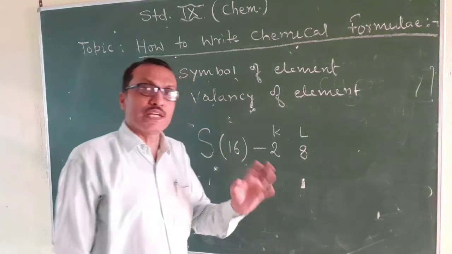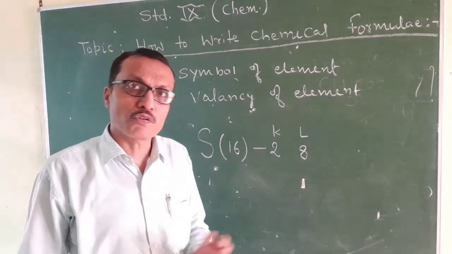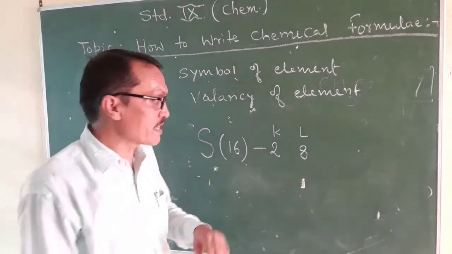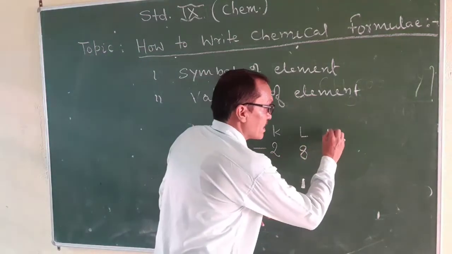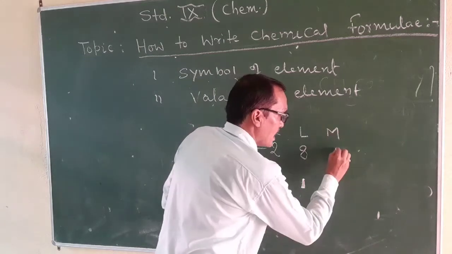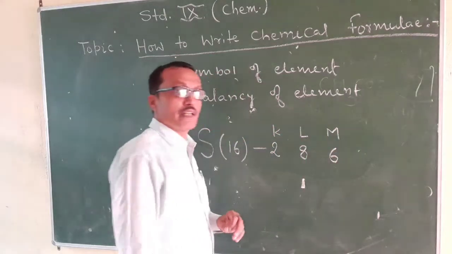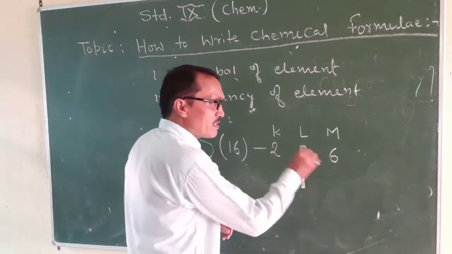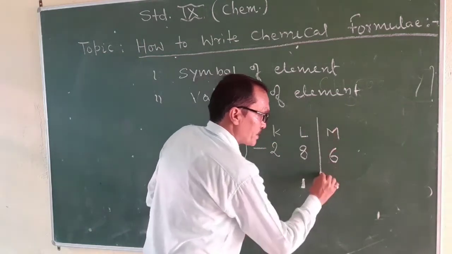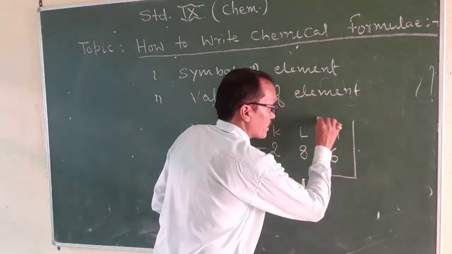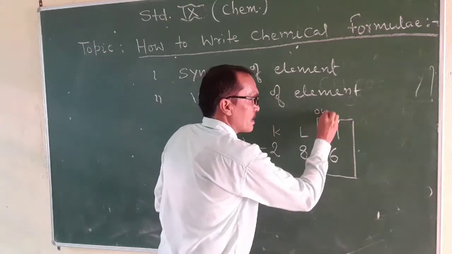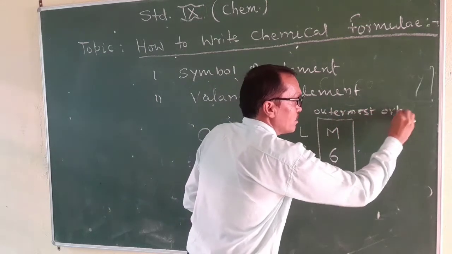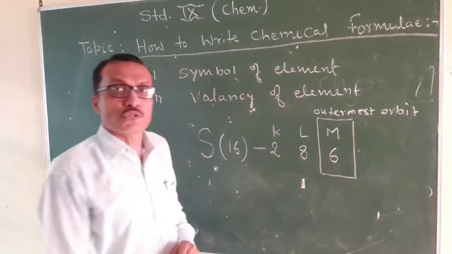Now 8 and 2, 10 electrons we have accommodated. Now we have the remaining 6 electrons. Those 6 electrons will go in the next orbit, the third orbit. Students, this is the outermost orbit in the case of sulfur, and here 6 electrons are present.